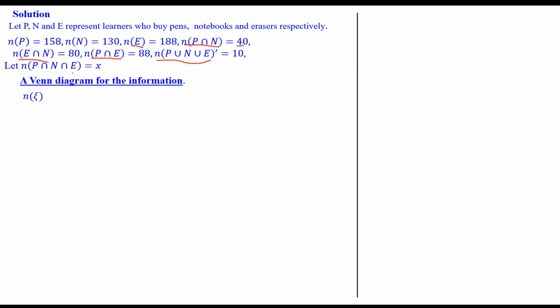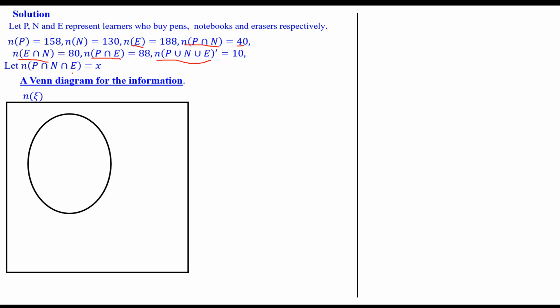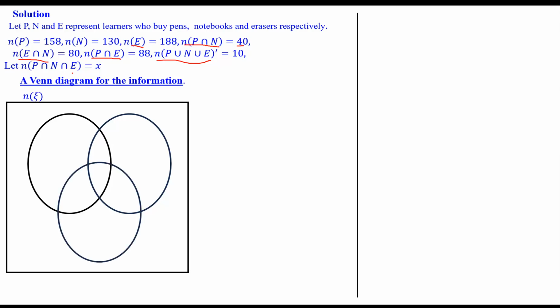So we say a Venn diagram for the information, and then we proceed to draw it. There are 3 sets, P, N, and E, and for each set we represent the number of learners: number of P is 158, number of N is 130, number of E is 188.